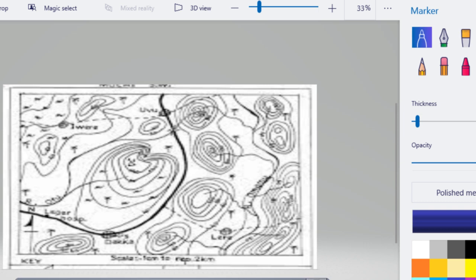You mark Uvu. Let's use a black line. We mark Uvu and also mark Larry. Then we draw a straight line from Uvu to Larry like this. We draw a line straight to Larry.